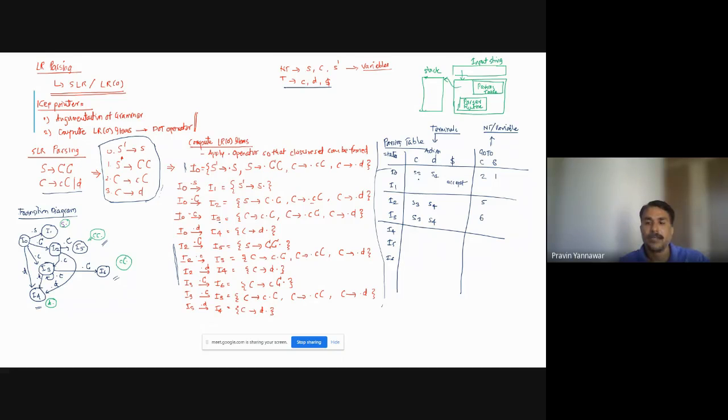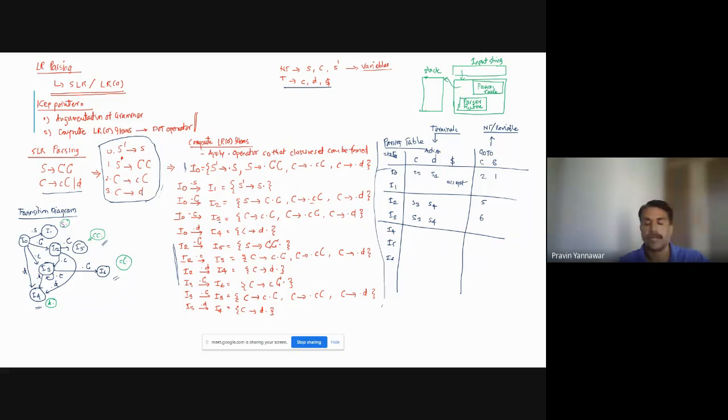So here we have to write reductions. With I4 we are not moving ahead, with I3 we are not moving ahead, and with I6 we are not moving ahead. Now look at which production it is being done for, and you need to write that here as R.